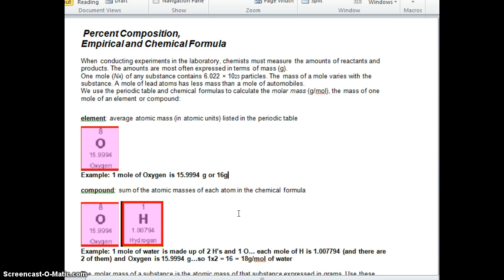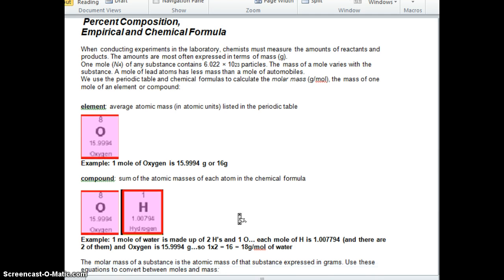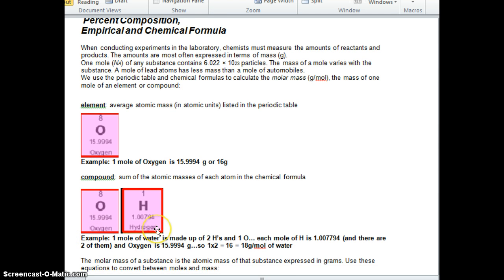The molar mass of a compound is the sum of the atomic masses of each atom in the chemical formula. So I have oxygen and hydrogen. Water is H2O. So 1 mole of water is made up of 2 hydrogens and 1 oxygen. Each mole of hydrogen is 1.00794 grams.